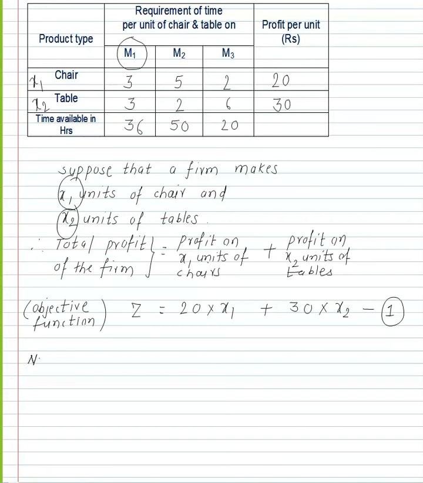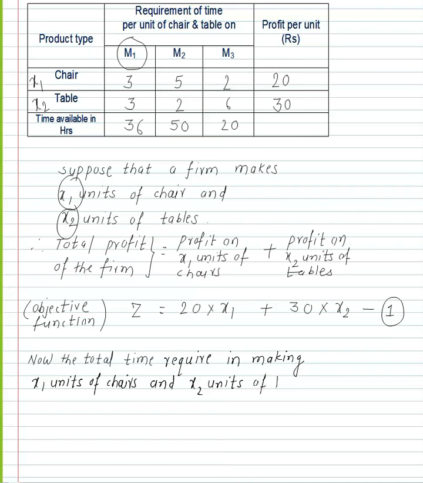Now the total time required in making x1 units of chairs and x2 units of tables on machine M1.